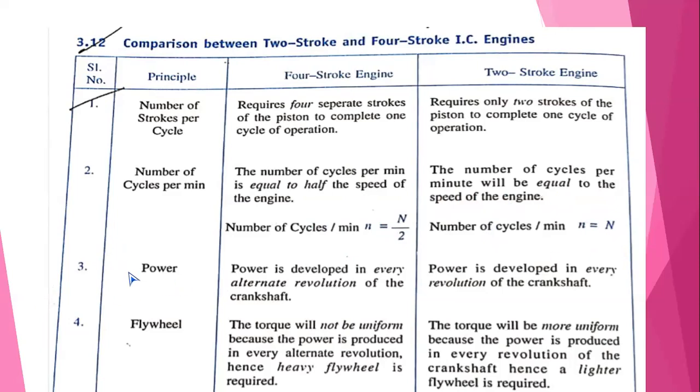Next, come to point number 3, the power. We can calculate the power developed by the engine, that is nothing but torque. How much torque is developed in the engine at a particular speed.